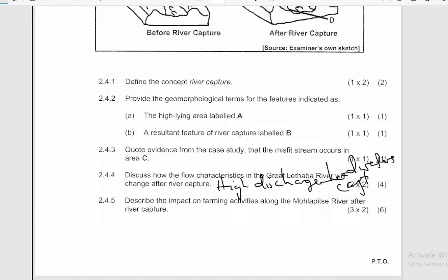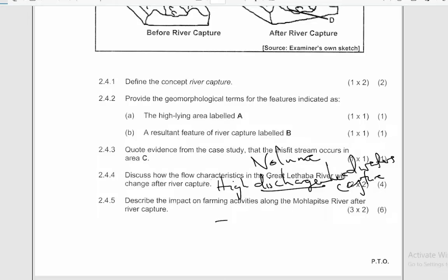It has managed to capture headwaters of another river, and now it is having high discharge. There's now high discharge in that river because of the captured headwaters. Or it is now having high volume. The volume of the river is now high because it has captured headwaters. It is now getting additional water from the headwaters of the weaker stream.